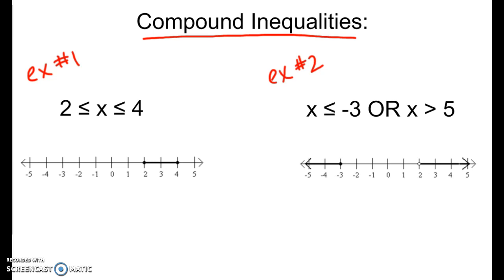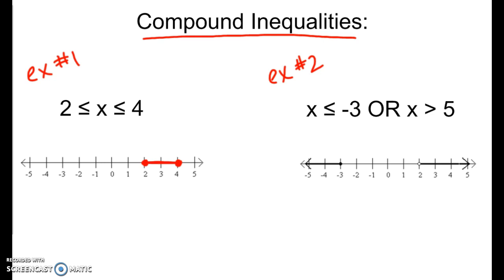If we look at example number 1, notice that our graph looks a little different than what we're used to when graphing inequalities. We have a starting point and a stopping point with the graph in between the two.